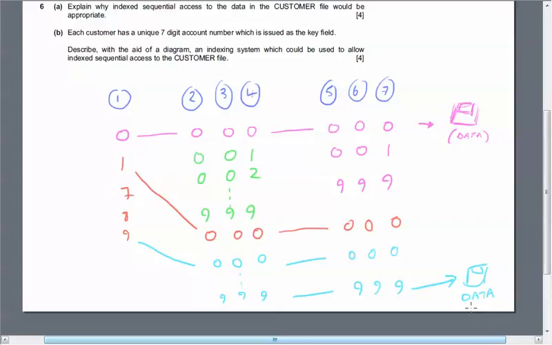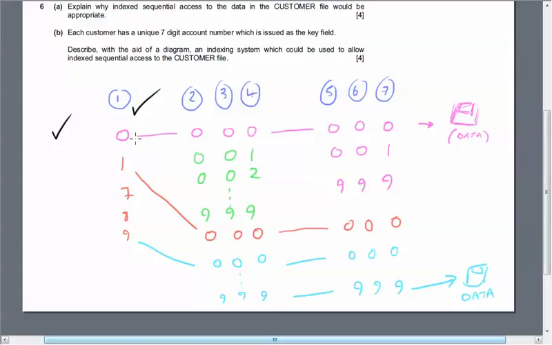I'll show you the mark scheme for this before we finish, in case this doesn't make sense. We have one mark for an accurate diagram showing our system. We've just chosen to do first digit or base digit, then 3 and 3. You don't have to do it like that necessarily, as long as you've got a system. One mark for use of a base index, which could be 1 or 2 digits.